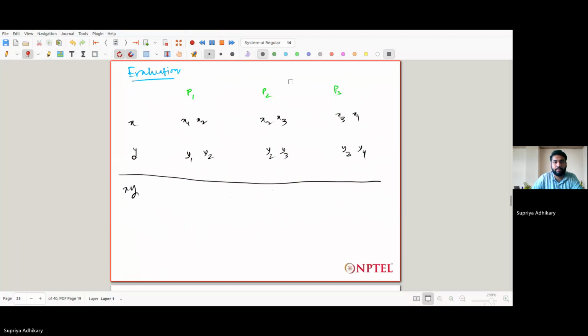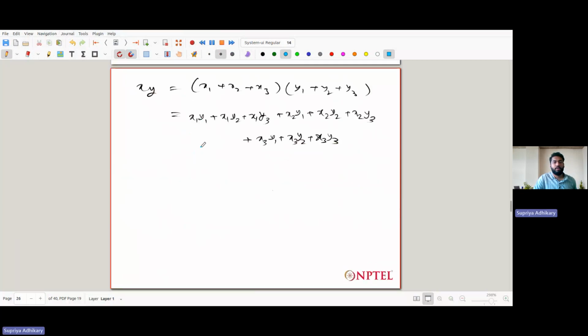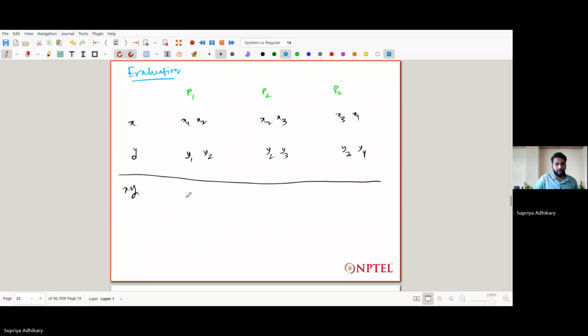So what they can do is generate z1 as x1 y1 plus x1 y2 plus x2 y1, z2 as x2 y2, x2 y3, x3 y2, and z3 as x3 y3, x3 y1, x1 y3.